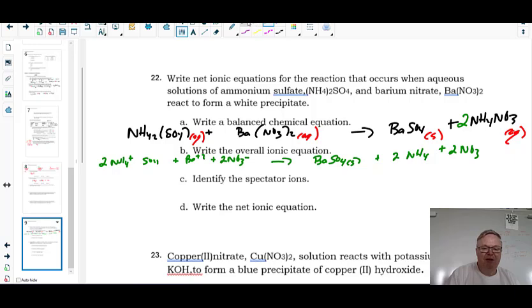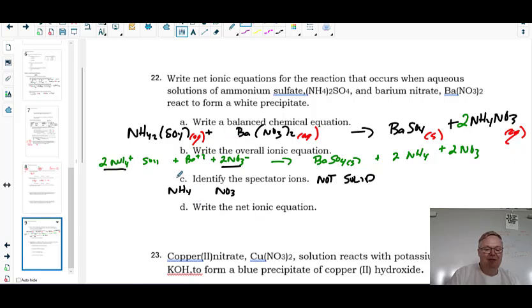Now, when we're talking about spectators, we're talking about the things that can cancel. So what we're looking at here is what is not part of the solid. What are the ions that are not part of the solid? I can see ammonium and nitrates. They're exactly the same on the other side, so they would cancel. Therefore, my ammonium ions and my nitrate ions are both spectators.